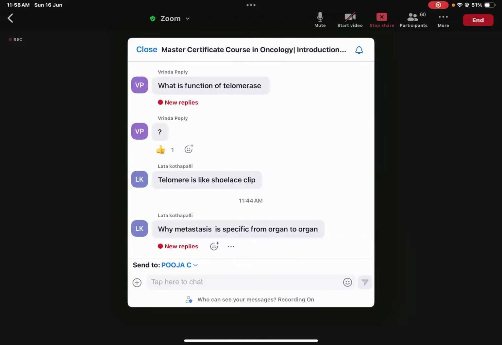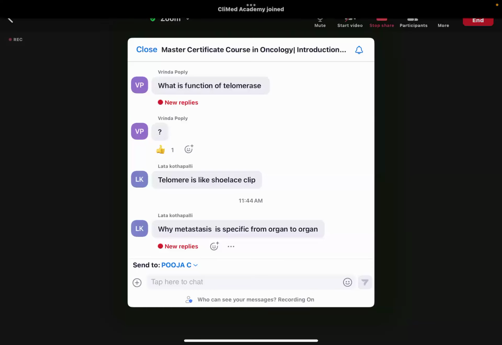Next, why is metastasis specific from organ to organ? Usually it happens to the nearest organ. If it's kidney cancer, then it will go to the adrenal gland because it is nearby. In the same way, pancreas cancer will first spread to the liver.